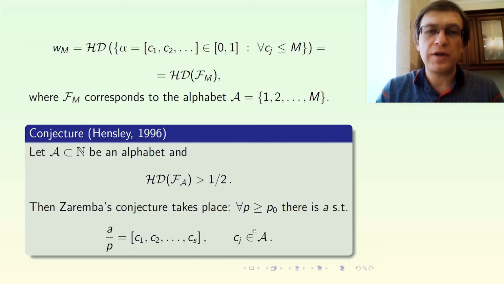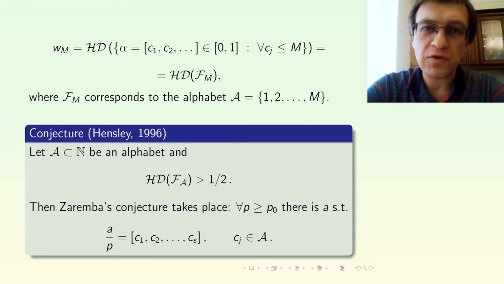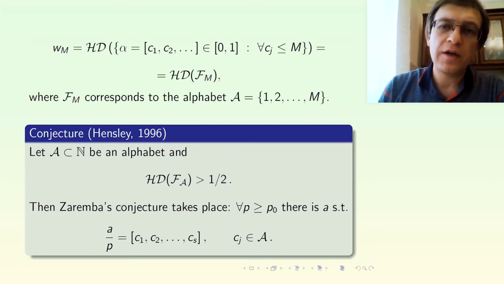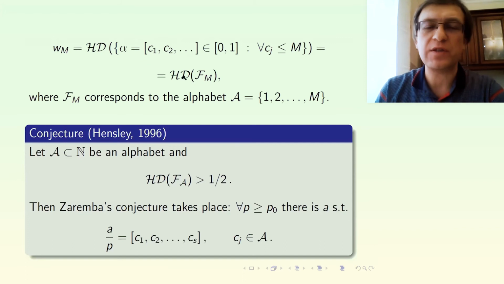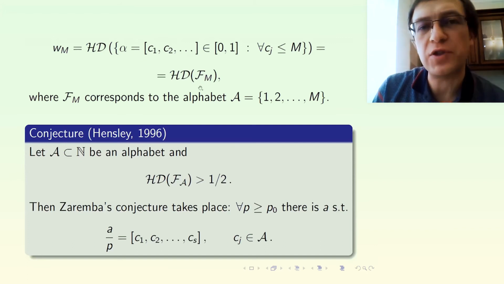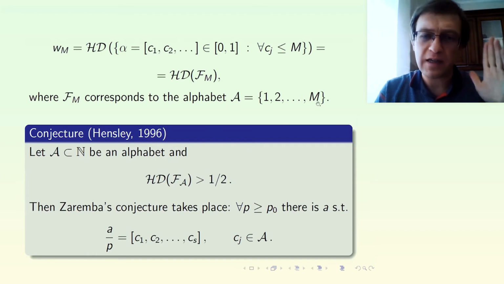Okay, so actually Hensley conjectured a much stronger thing. Now, instead of these sets with partial quotients bounded by m, take an arbitrary alphabet. So instead of the alphabet from 1 to n, take any finite alphabet.